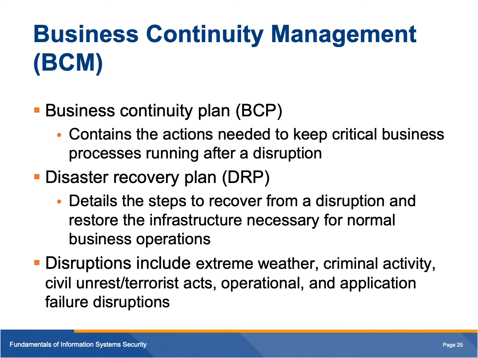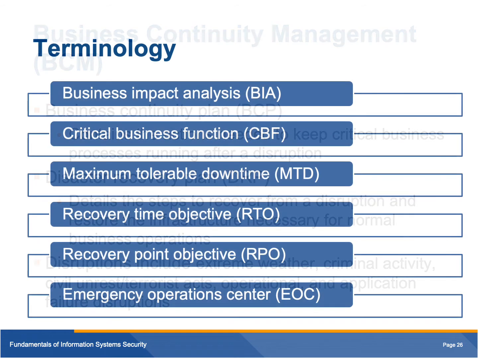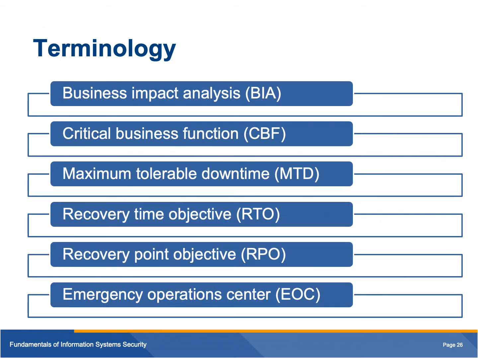I just have a contract with an organization that specializes in doing this, and when I need it, I can enact this plan, and they can set up within a few hours, depending on how much money I'm willing to pay, and we can get restarted. So there are all these different strategies that I can take. These are all going to be part of this idea, these different plans for allowing me to keep working.